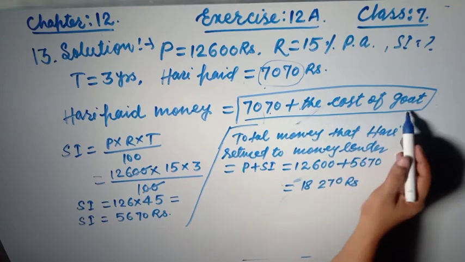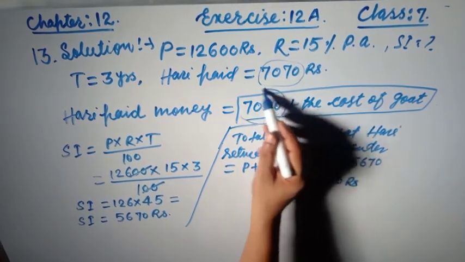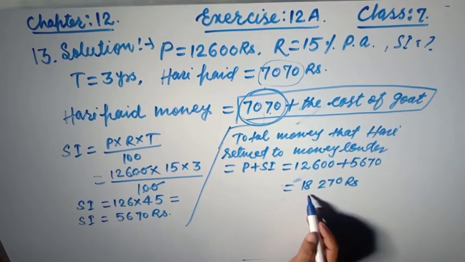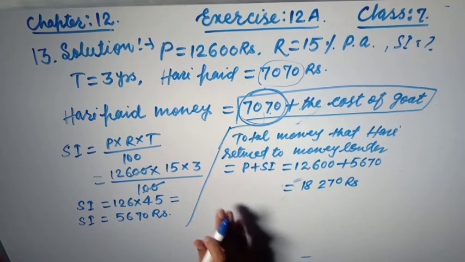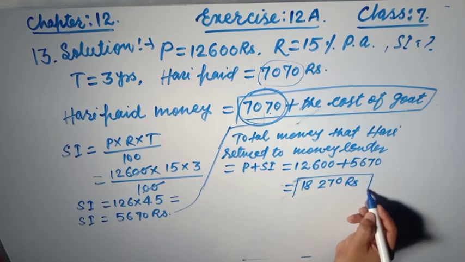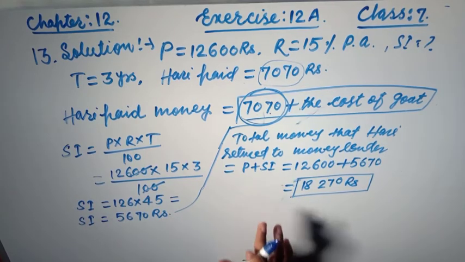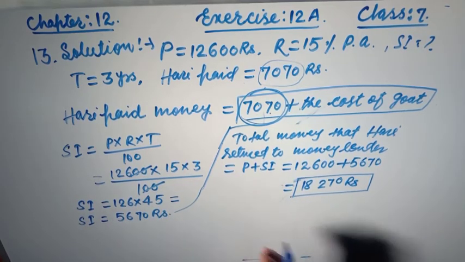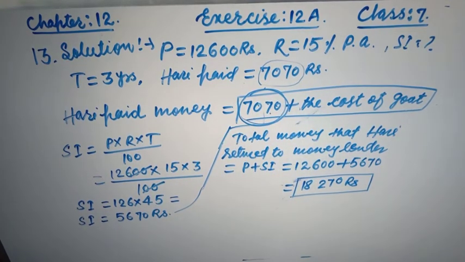So what about the cost? Now friend, very simple. If you subtract this money from this total, then we will get the cost of the goat. Because friends, have a look, this is the total money that Hari had to give to the lender. Okay, so now this is equal to this, yes, you know.